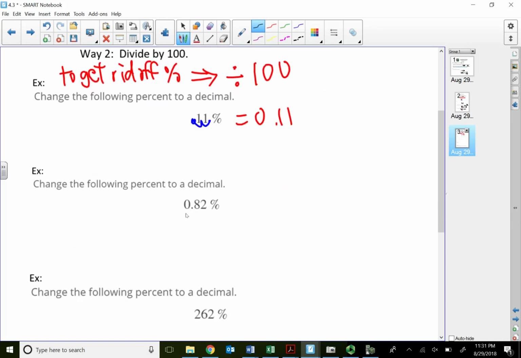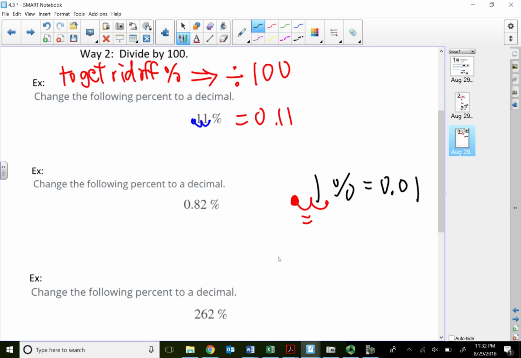All right, change the following percent to decimal. If you really think about this, 0.82% is even less than 1%. So for 1%, imagine moving the decimal to the left two places, or dividing by 100. The decimal is here with one empty slot, so put a 0 in, and 1% is 0.01.